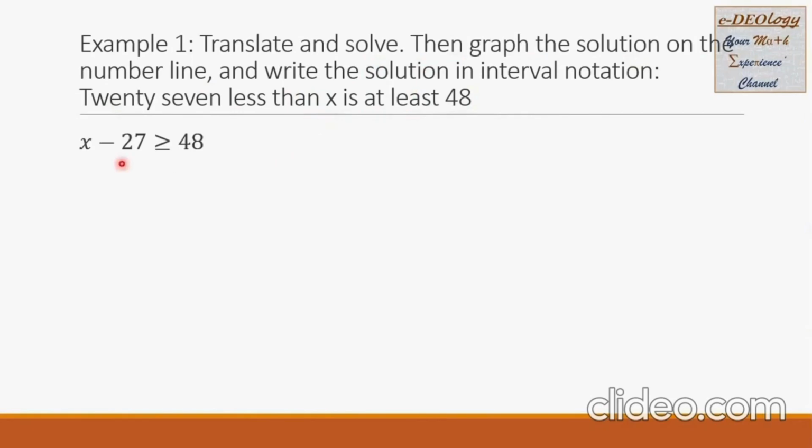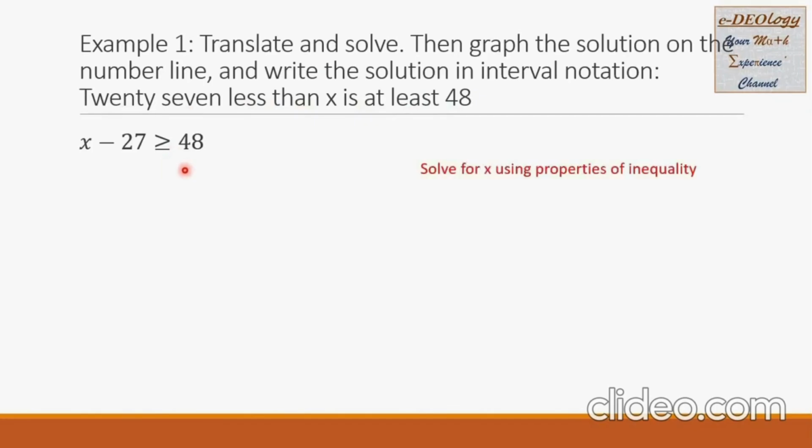The x we will write first. The word less than denotes minus, and the 27 is now written as a number. It's here. The word at least is greater than or equal to, and that number 48.